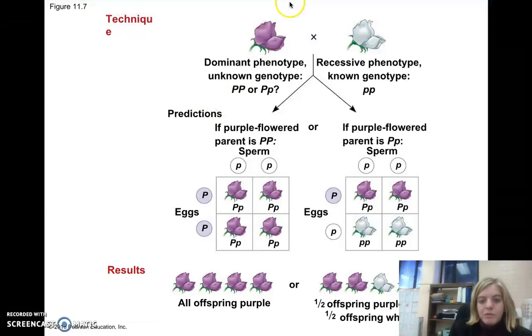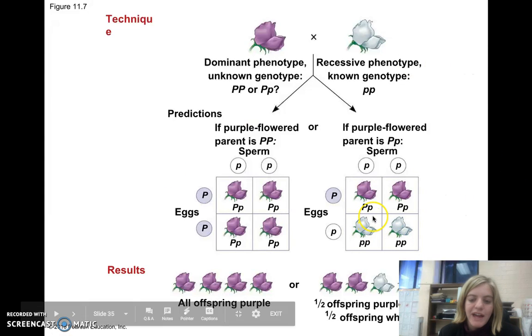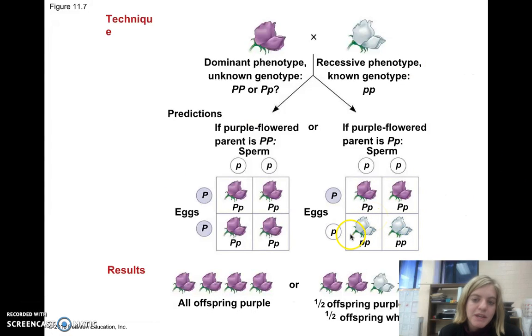So this is where we don't know what the purple flower could be, because it's purple. It could be either big P, big P, or big P, little p. And we're going to cross it with the white flower, which we know is little p, little p. Then we can see what would happen. If we end up with any white flowers, we know it has to be a big P, little p parent, because with big P, little p, we get the option of having a homozygous recessive offspring.